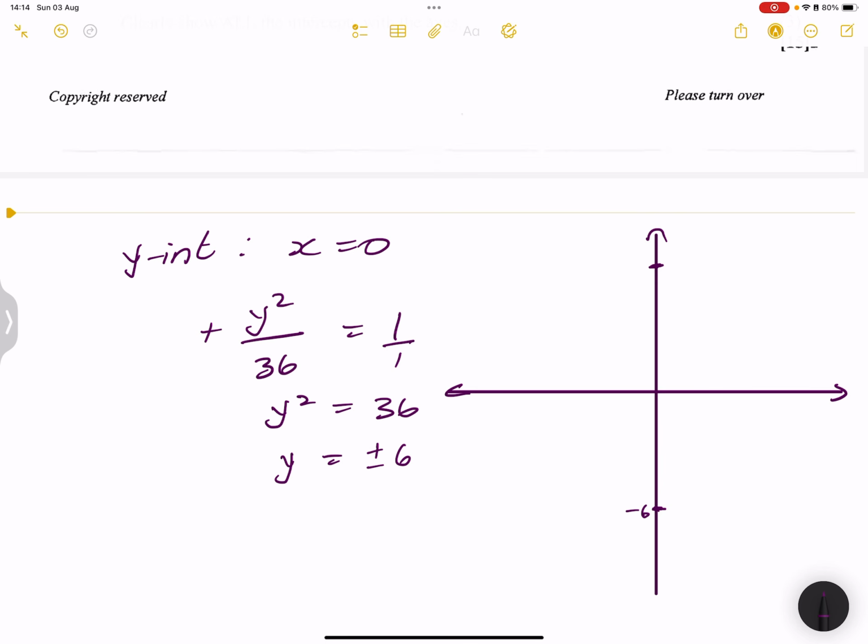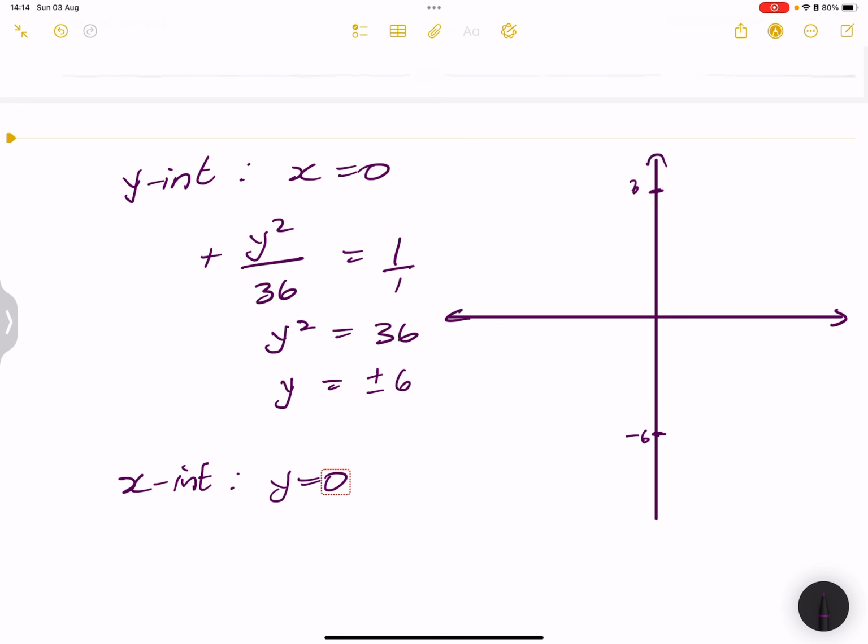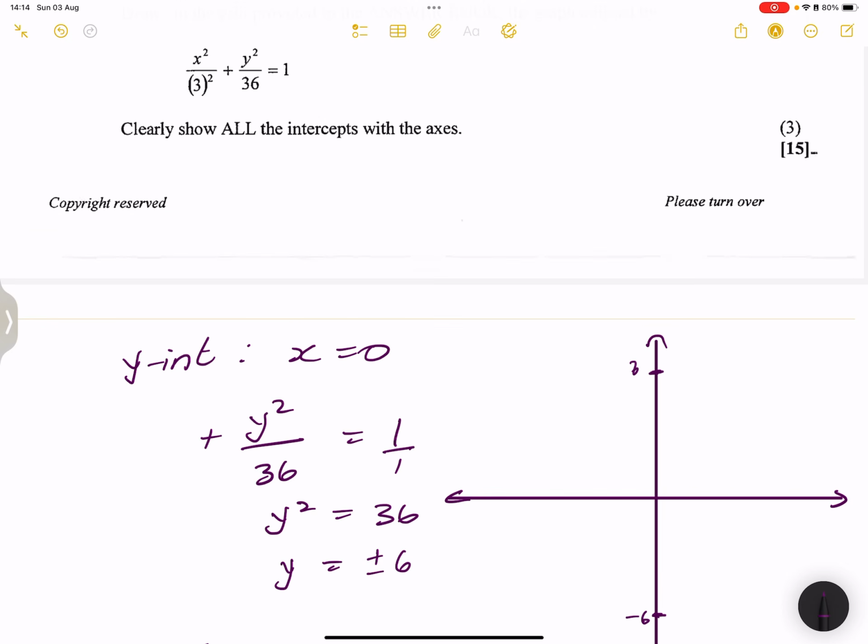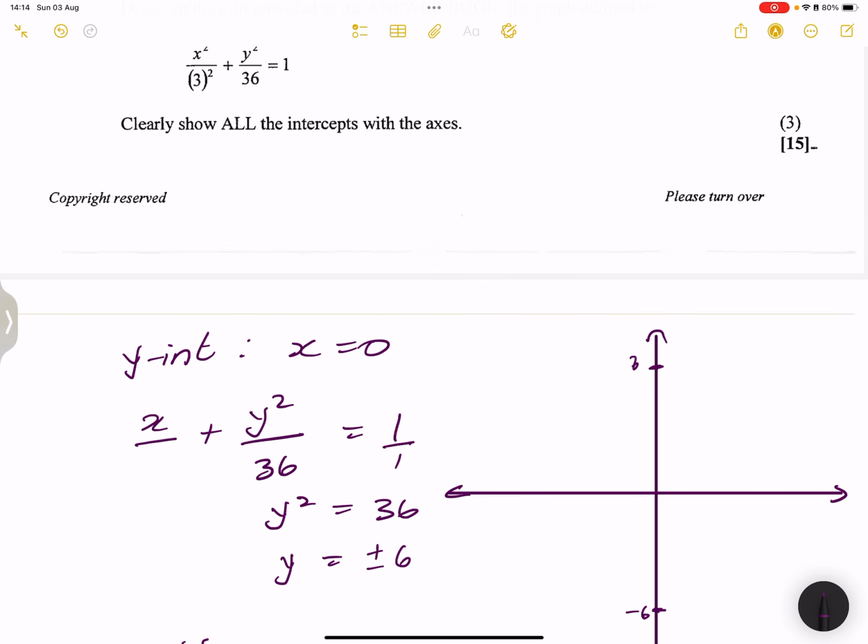And what about our x-intercept? We're going to say for the x-intercept, we know that y is equal to 0. Now, that means that we're going to do exactly the same thing on that equation, x squared over 9 and y squared over 36.